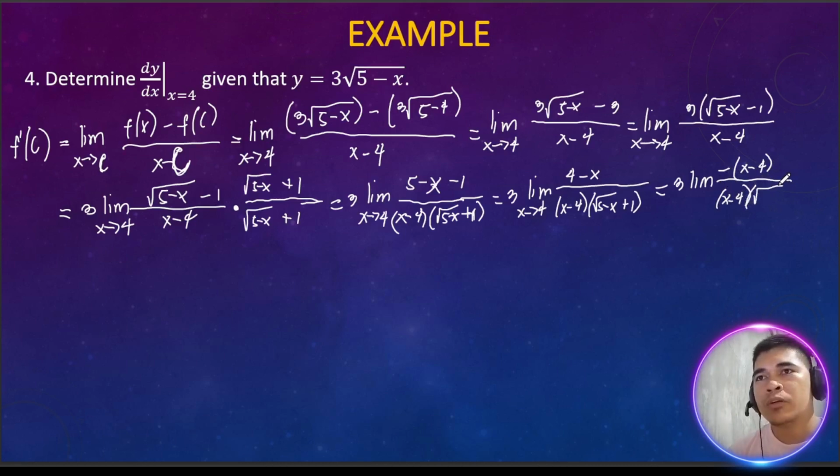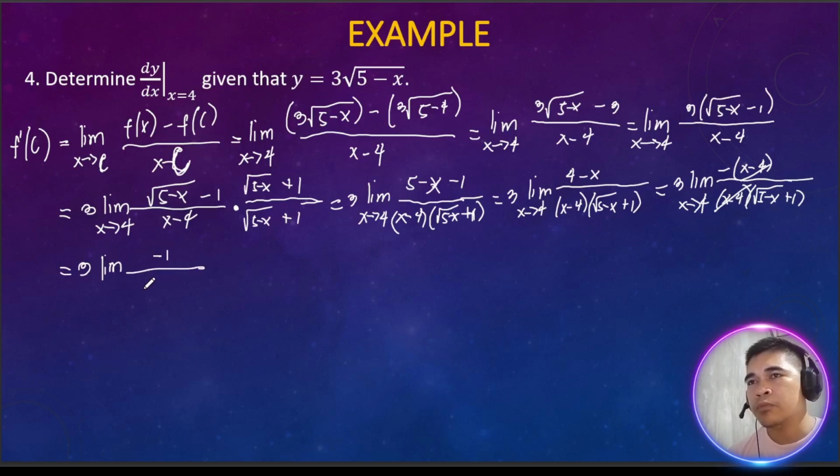Once cancelled, what is left on top is negative 1 over square root of 5 minus x plus 1 as x approaches 4.